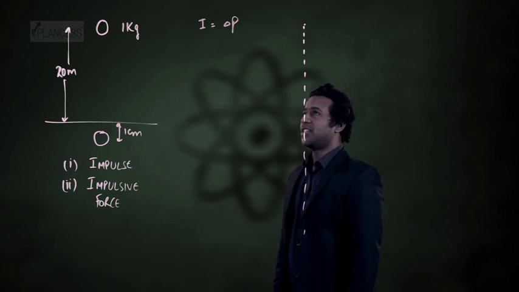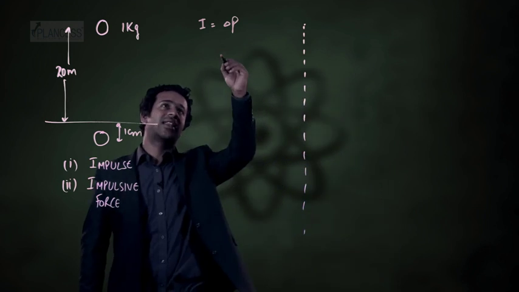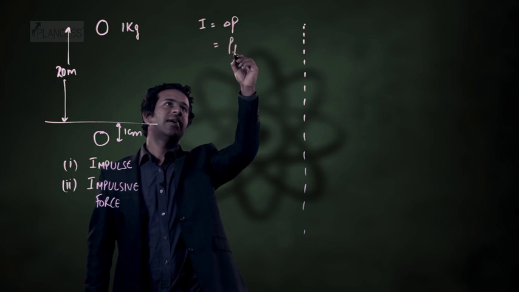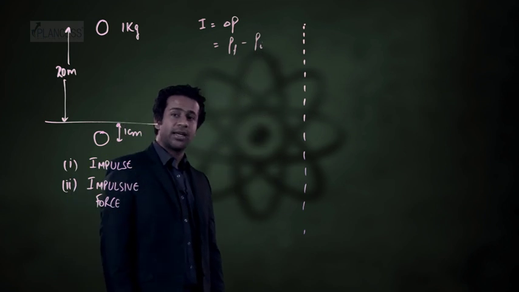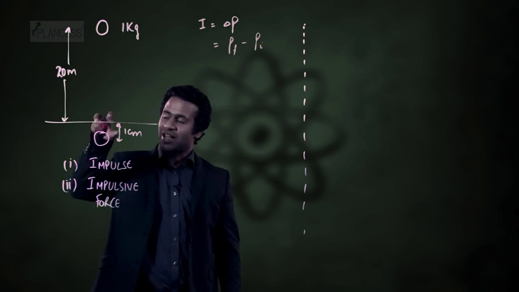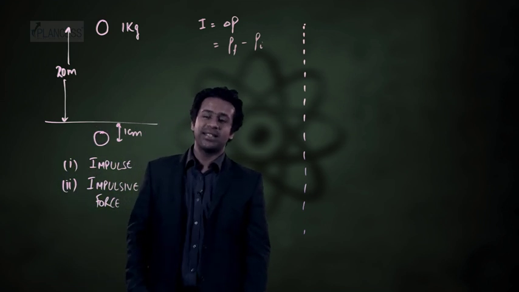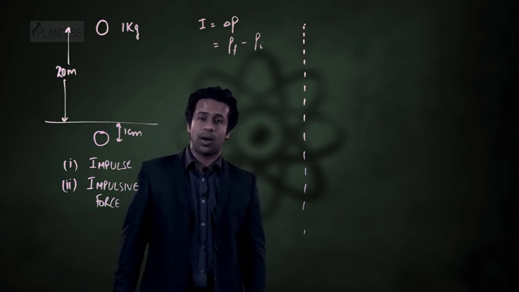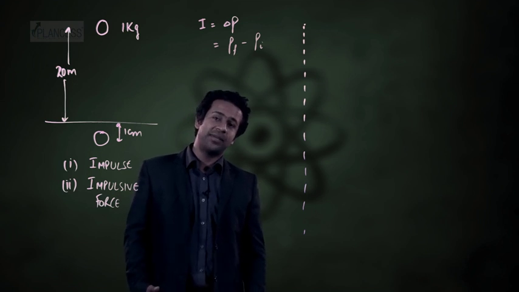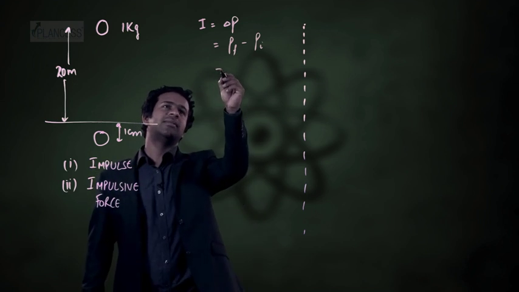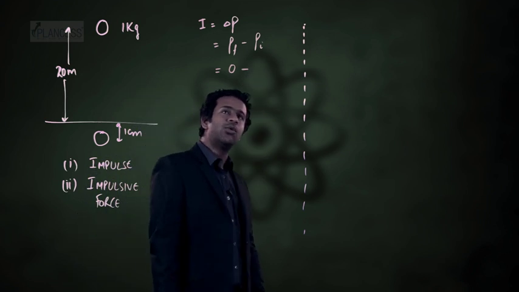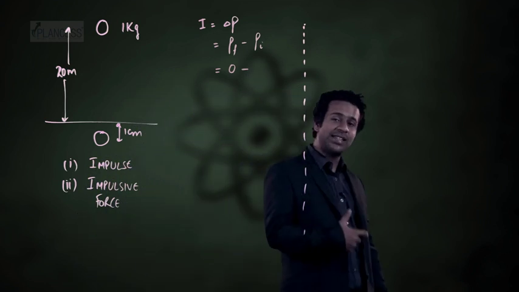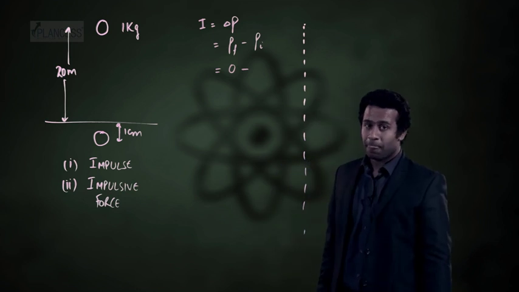Right. And change in momentum is nothing but the final momentum minus the initial momentum. Right. So after the ball has gone down by this height of 1 centimeter, it finally comes to stop. So if it stops, that means the final momentum is 0. So all we need to do is find the initial momentum of this ball.